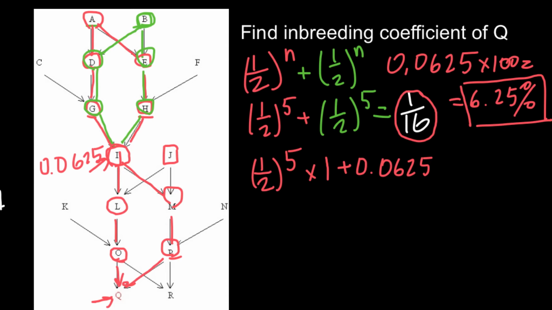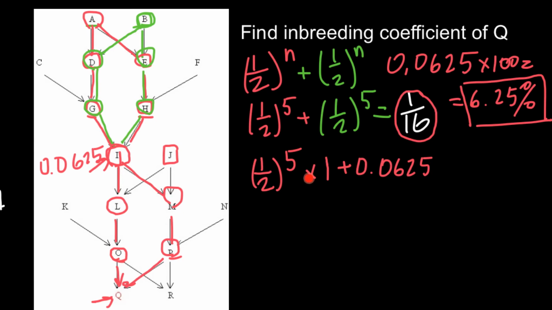So basically we have to multiply by 1.0625. And I put 1 here because if we omit this one, basically we would reduce inbreeding. But when we multiply by a number which is greater than 1, we increase inbreeding. So do not forget to put 1 here. We just cannot multiply by this number alone.